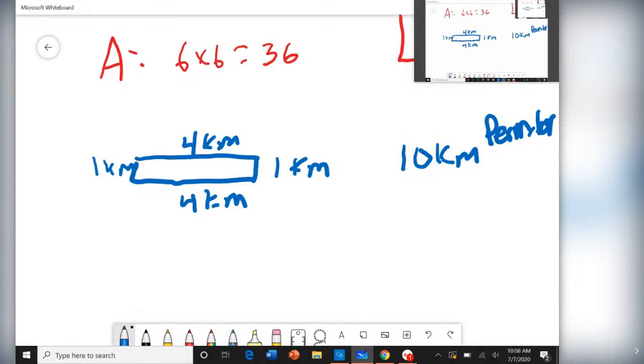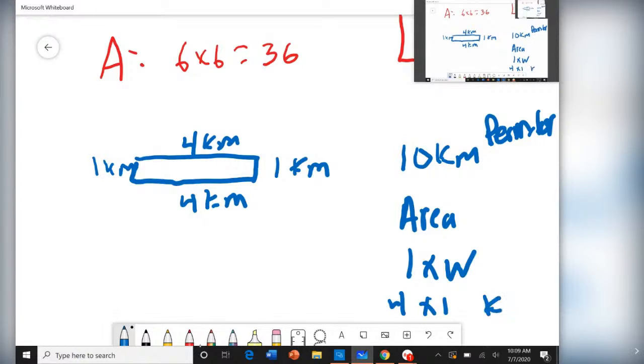Now this is a rectangle. It's not a square because all sides aren't equal. So the area formula is length times width. The length is 4 times the width is 1. So the area is going to be 4 km squared.